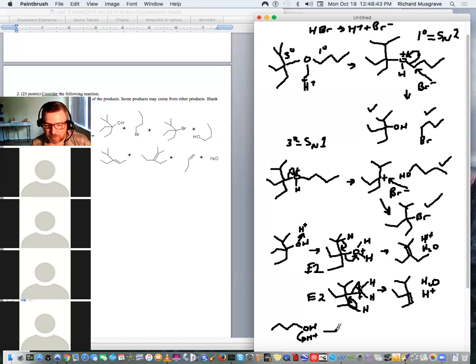So the first step is again the addition of the H plus to the OH to make it a better leaving group. So it comes off as water, which is a good leaving group.